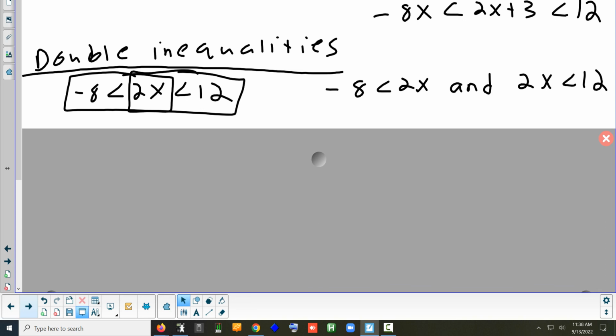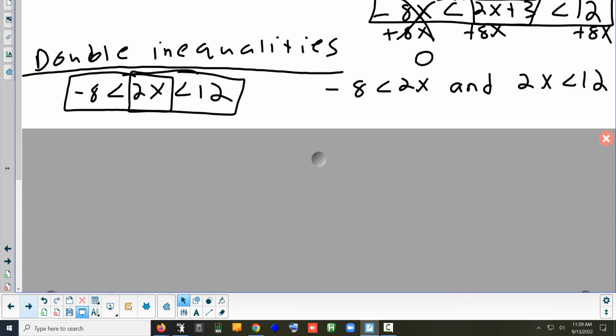And then if you say, well, I'll just try to combine all the x's together, what are you going to do? Add 8x, and then add 8x. So now all you've done is move the problem to the other side. So when you have something like that, you're going to have to split it into -8x is less than 2x plus 3.